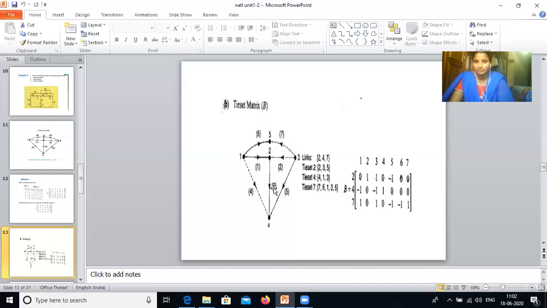This is the loop. See here, 7 will be plus anyway, 6 will be minus, and this will be minus in this way.